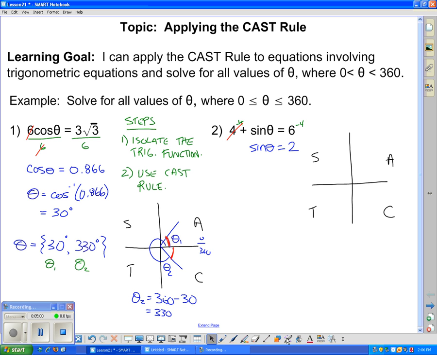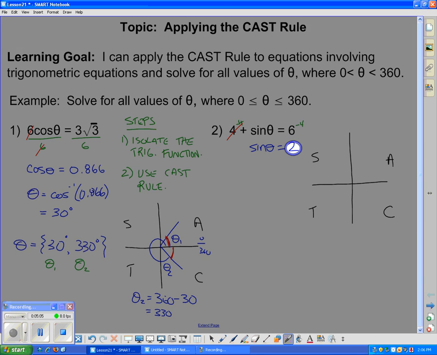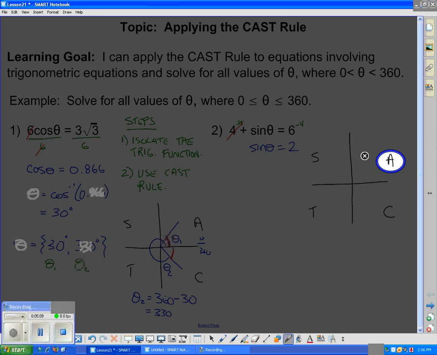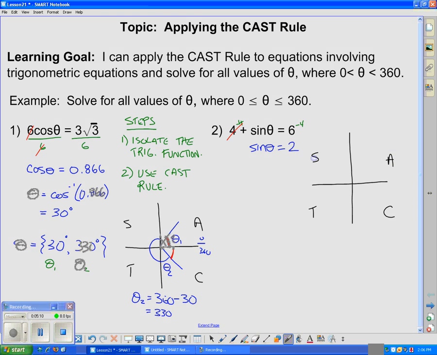So cast rule, 2 is positive, so this value is positive. What two quadrants is sine positive in? All functions are positive here, and sine is positive there. So I'm going to have one angle in this quadrant and a second angle in this quadrant.